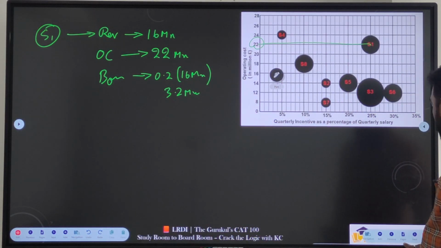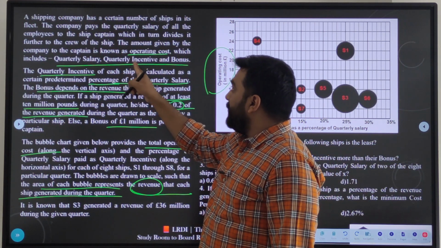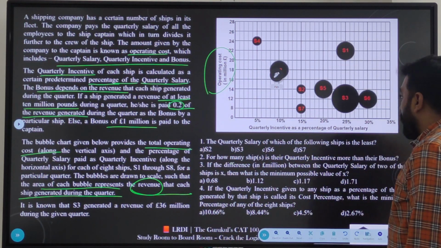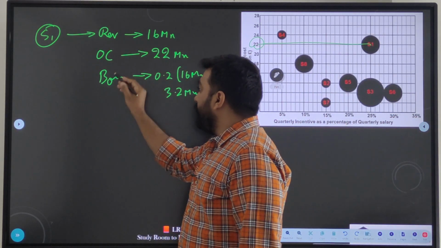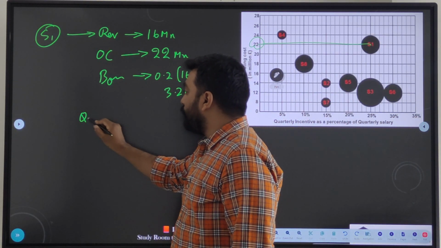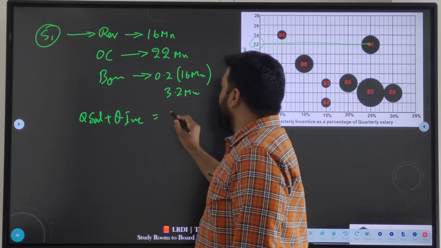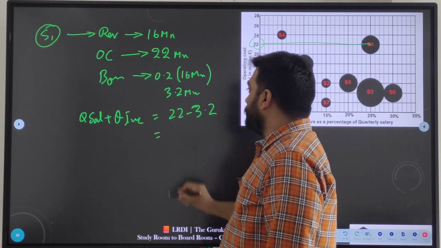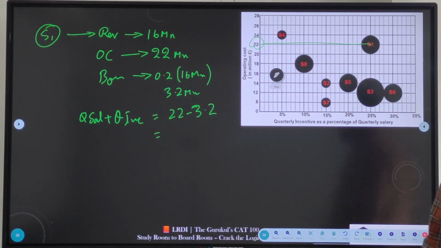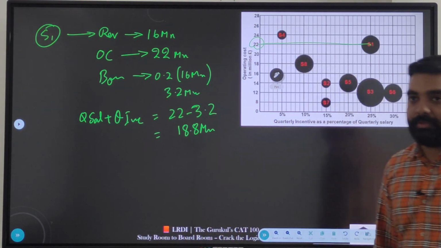Next, now we already know operating cost equal to salary plus incentive plus bonus. I know operating cost is 22. From this 22, if I remove bonus, that will be equal to quarterly salary plus quarterly incentive, which is equal to 22 minus 3.2. That will be equal to 18.8 million rupees.